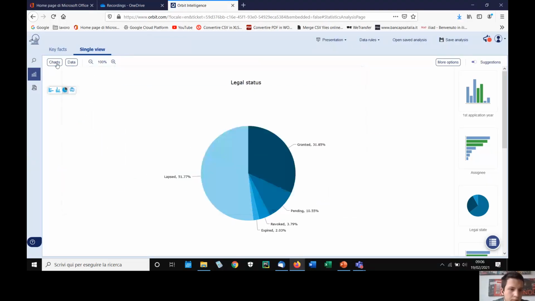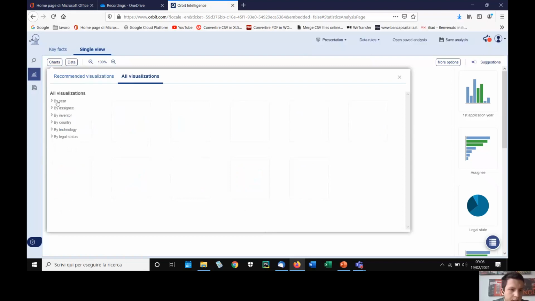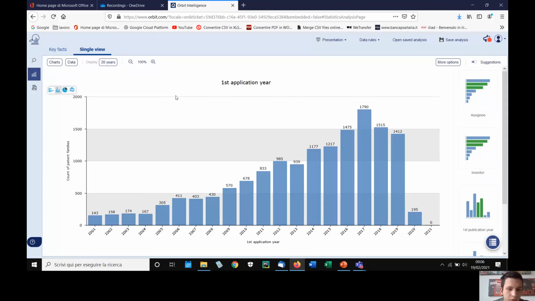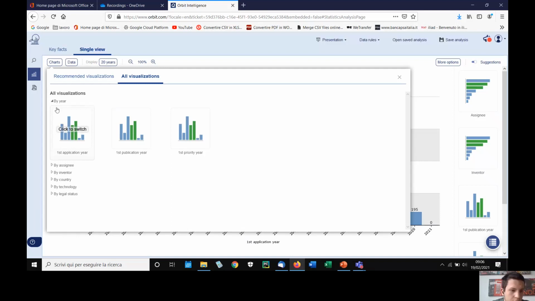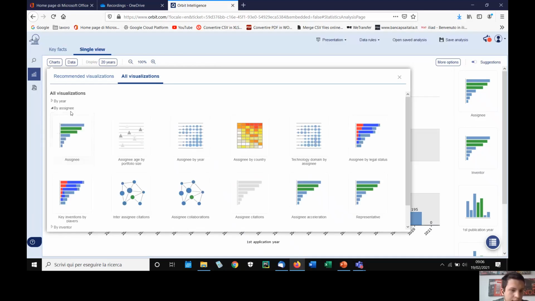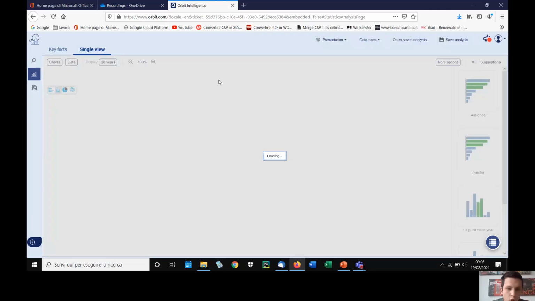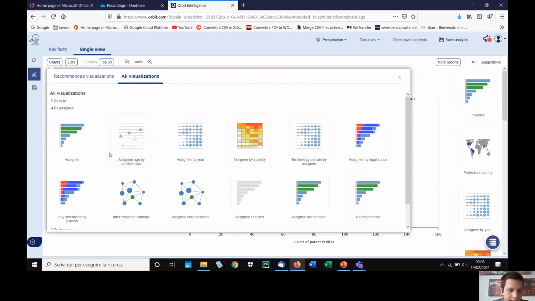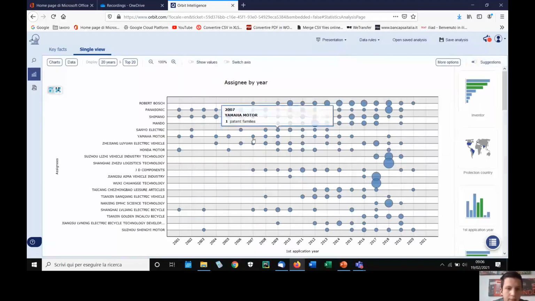I can also select a series of charts based on the year, for example, publication or application or priority year. Also charts on assignee or applicant, the top applicants in the sector, statistical or by year. I can show values.